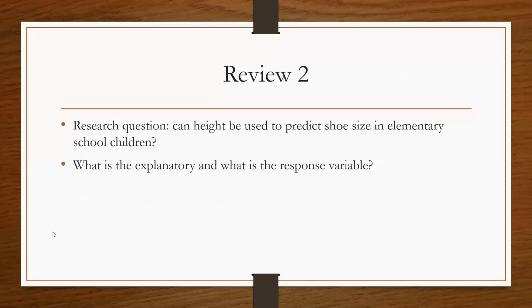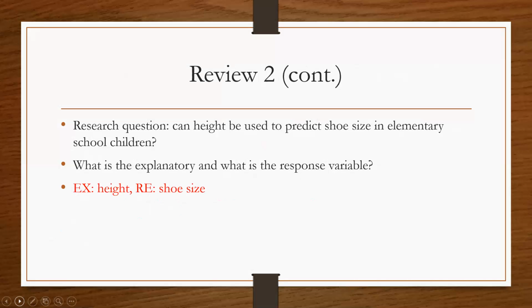All right, got it. The explanatory is the height, and the response variable is the shoe size.